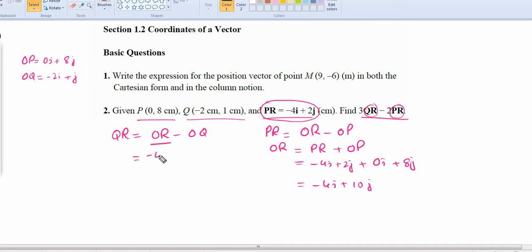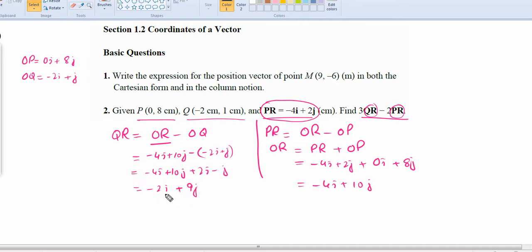So my QR will become negative 4i plus 10j minus negative 2i plus j. So it will become negative 4i plus 10j plus 2i minus j. So negative 4i plus 2i will become equal to negative 2i plus 9j.